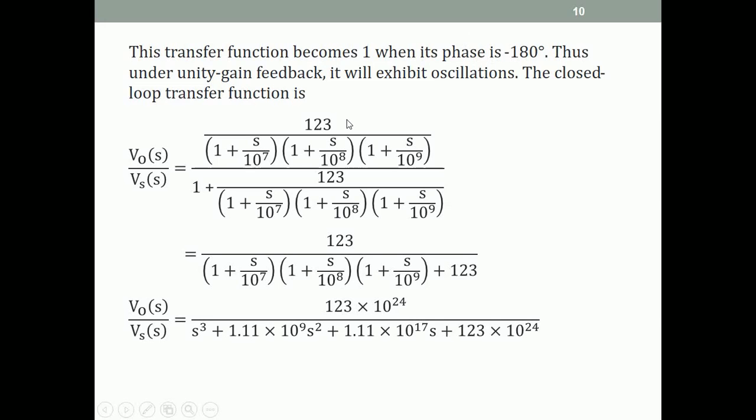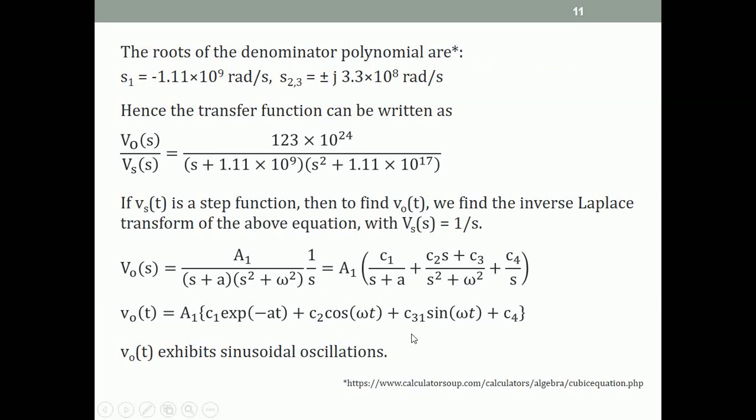Alright, so you say A over 1 plus A, where A is this, and then we take this whole denominator, plus 123 that comes from here, and then we expand this out as a cubic, where this 123 is staying. This is a cubic polynomial, so we find the roots of the cubic, and there are lots of websites which will give you the roots of polynomials.